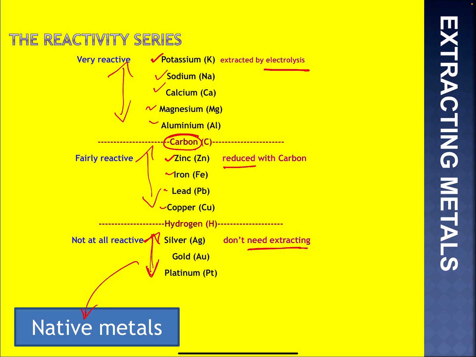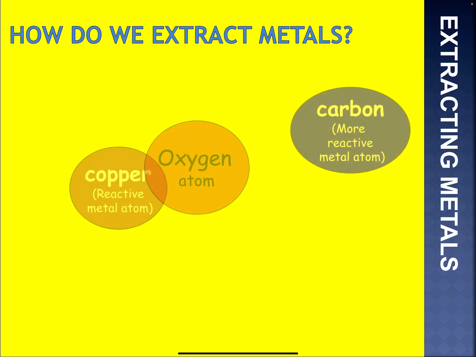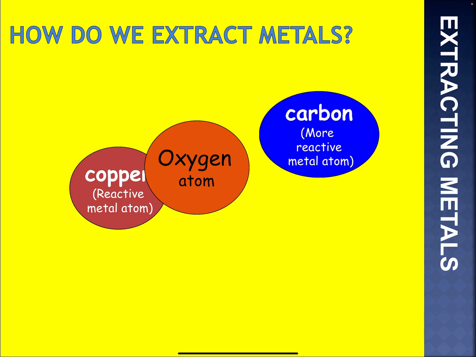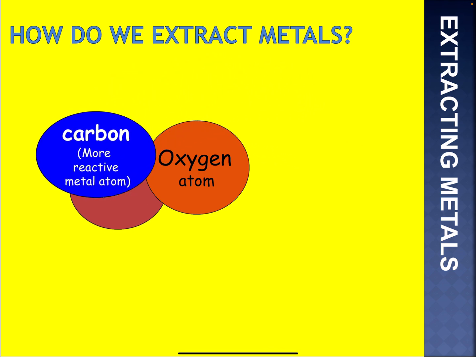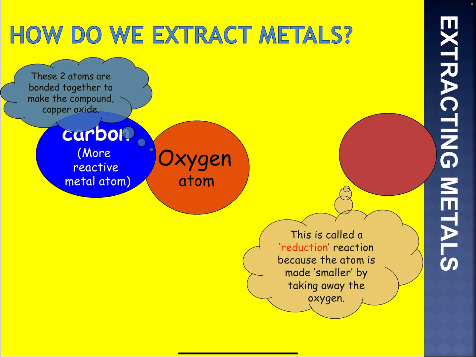Okay, let's move on then. How do we extract the metals then? Well, there you go. You've got copper oxide, that's your ore. Carbon is more reactive than the metal. So here comes carbon, and there you go.